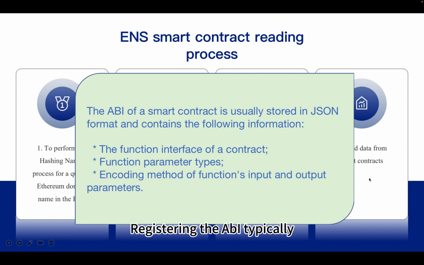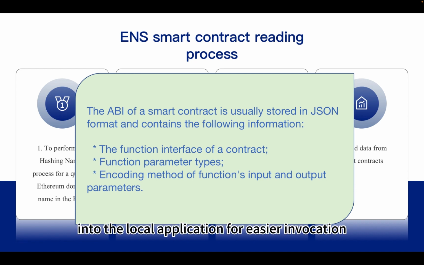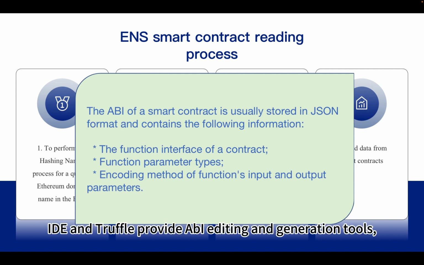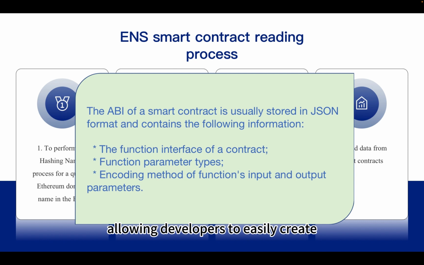Registering the API typically refers to loading the API file into the local application for easier invocation of contract methods. Ethereum development tools such as Remix IDE and Truffle provide API editing and generation tools, allowing developers to easily create and use the API of smart contracts.